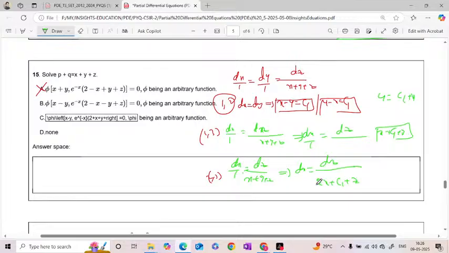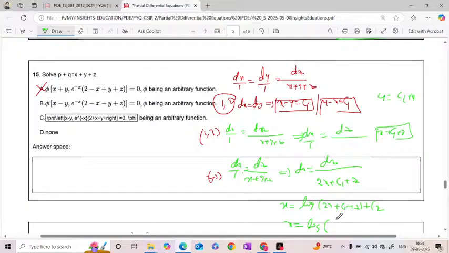Now after integrating with respect to x here, the right hand side is log of 2x plus c1 plus a constant. Anyway, y minus x is equal to c1, so here we will get c1 is equal to y minus x.